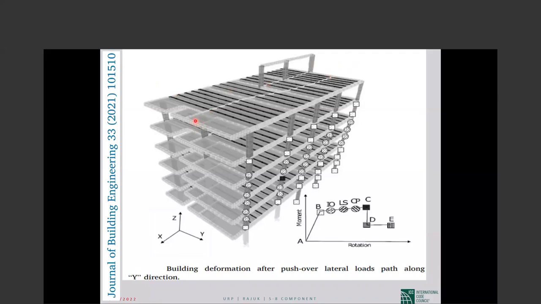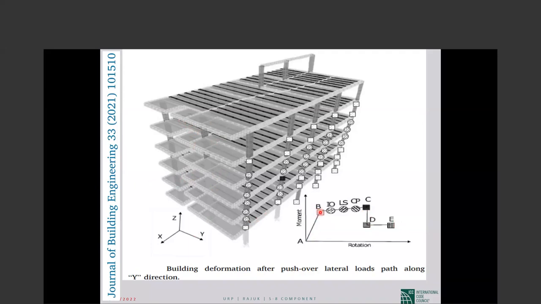Then we ask the software to apply the lateral load distribution, the pattern. For example, 1, 1, 1, 1, 1, 1, if the uniform load pattern should be applied, whatever our code, specific code or methodology was. Then the software will apply the loads and look at the deformation control elements and force control elements.